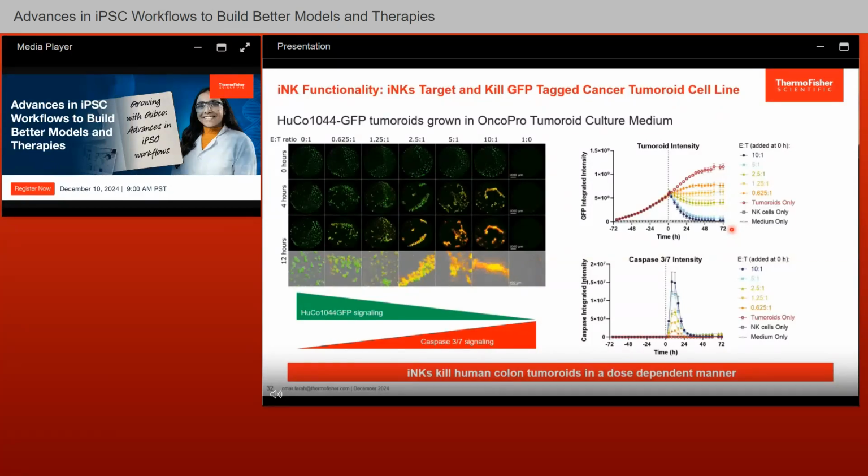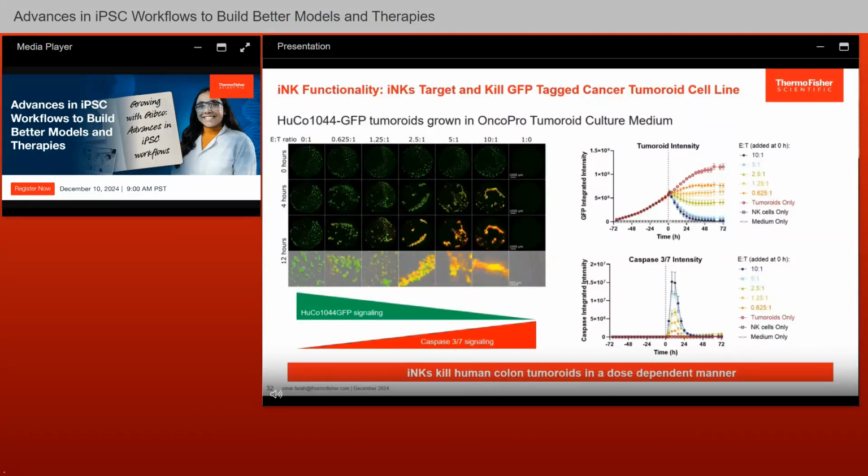And in this particular experiment, CTS-derived iNKs that we previously just discussed were co-cultured with human colon GFP-expressing tumoroid lines that are grown in our OncoPro tumoroid culture media.